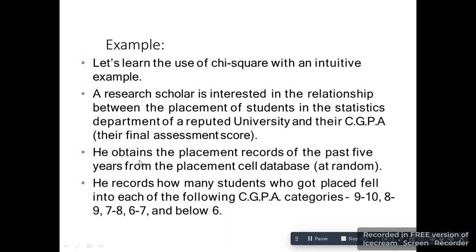Next, he obtains the placement records of the past 5 years from the placement cell database. We can take this data as random, and he will record how many students who got placed fall into each of the following CGPA categories, that is 9 to 10, 8 to 9, 7 to 8 and 6 to 7.